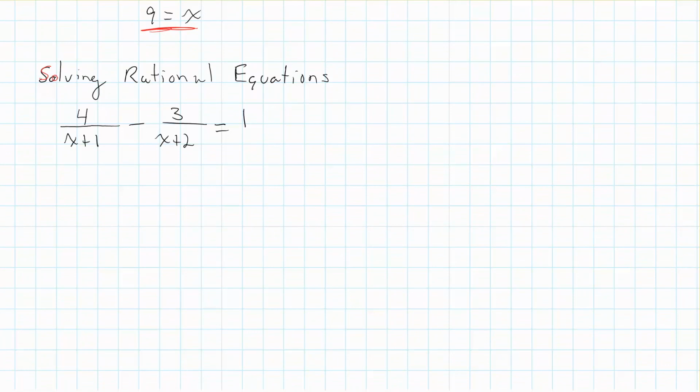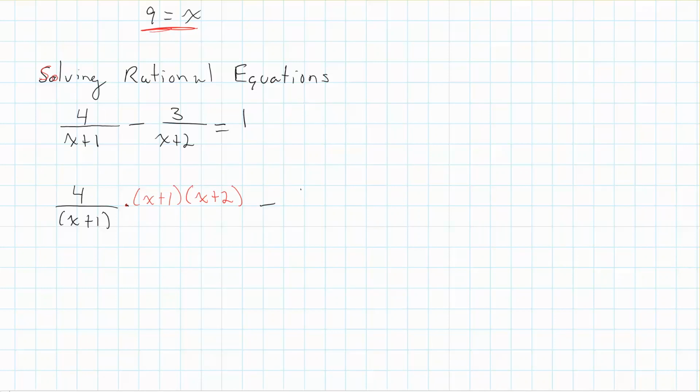And so what I like to do here is just look at the first term here, x plus 1, and then if I want to clear that out, I would multiply to get rid of that x plus 1, I'd multiply by x plus 1. But then I also have an x plus 2 in the denominator, so I'm going to have to be multiplying by x plus 2 as well. But then I'm going to just multiply, if I do it in the first term, I have to multiply everything by that.